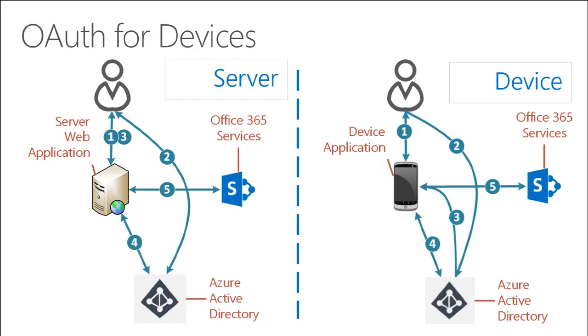That's the trick to how we did it in Cordova, which hopefully I'll show you later on. It's all about how I intercept that redirect URL, that authorization code, in my app, take it out, and then go back to Azure Active Directory and swap that for an access token. So that's the trick for device OAuth. Still using the authorization code flow, but intercepting that middle step.